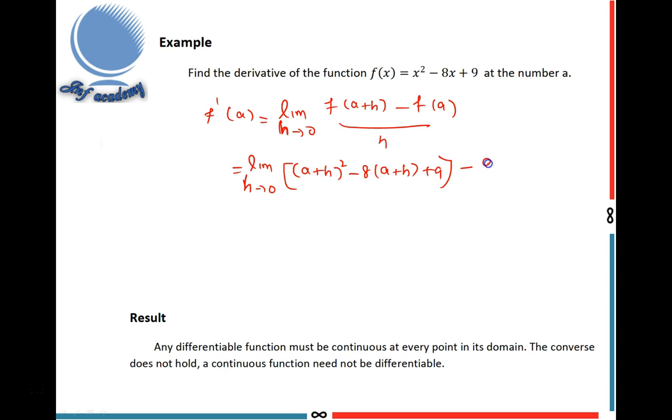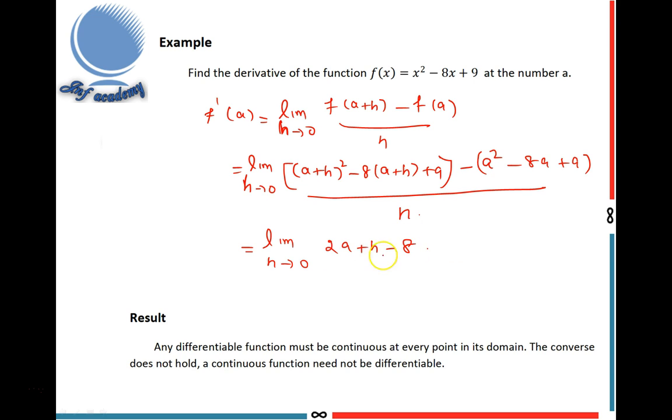What is the value of f of a? a square minus 8a plus 9, divided by h. Here h tends to 0. After simplification, finally I got limit h tends to 0 of 2a plus h minus 8. So the final value is 2a minus 8. So the derivative of the function f of x at the number a equals 2a minus 8.